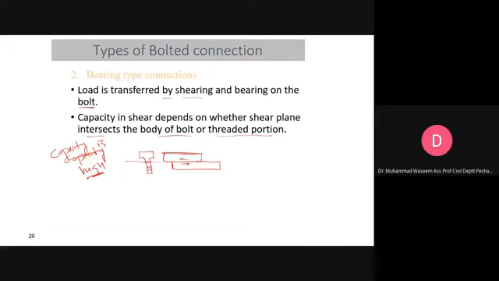If the shear plane passes through the threaded portion, then the shear capacity is considered reduced.